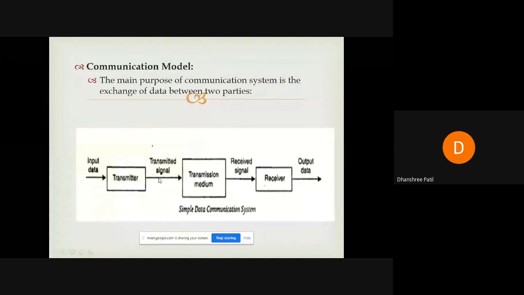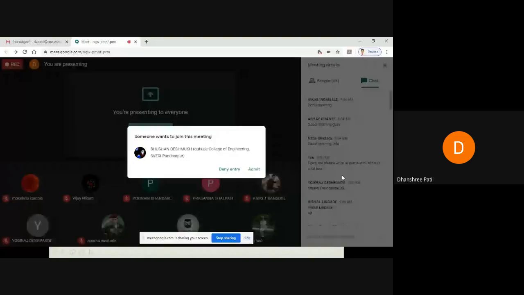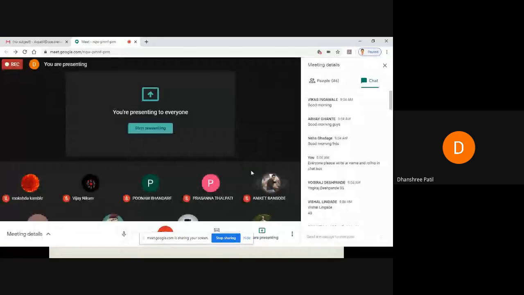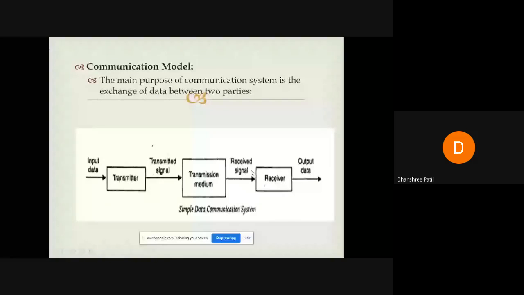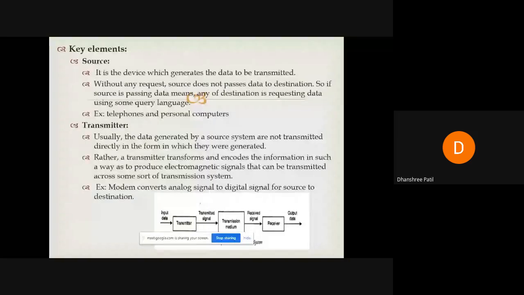From this, the signal is generated for a particular data, and by using a transmission medium, either wired or wireless, at the receiver side the signal is again generated, the receiver decodes that data, and finally the receiver gets the data. That we saw yesterday. These are some key points of the model that we have already seen.